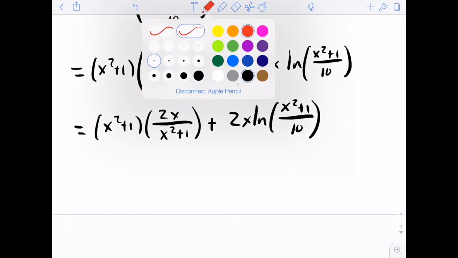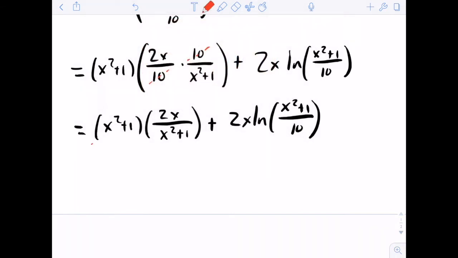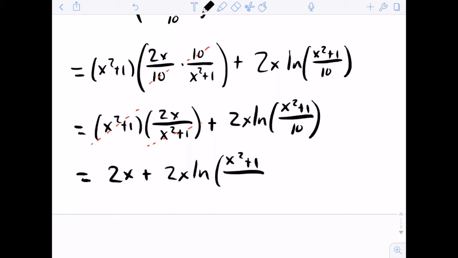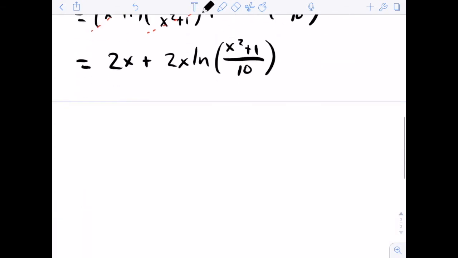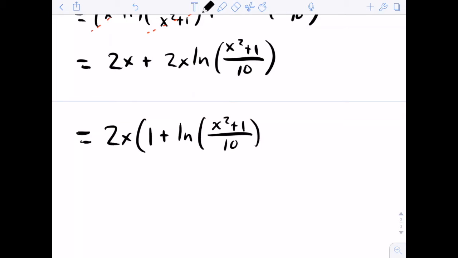The neat thing here is that you've got an x squared plus 1 here and an x squared plus 1 in the denominator. Since everything's being multiplied, you can cancel those out, and you're left with just the 2x from the top, plus 2x times the ln of (x squared plus 1) divided by 10. Then we can factor out a 2x from both terms, so we've got 2x times (1 plus the ln of (x squared plus 1) over 10).